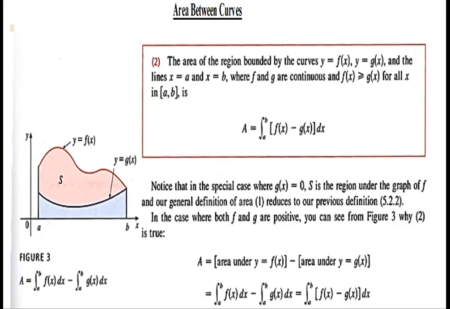Yes, sir. So the area in that, I don't know if you call that beige or pink or whatever color that is, you find the area between f(x) and the x-axis, and you minus the area between g(x) and the x-axis, right? Of course, it takes some figuring out as to which one of the functions is the upper one and which one is the lower one.